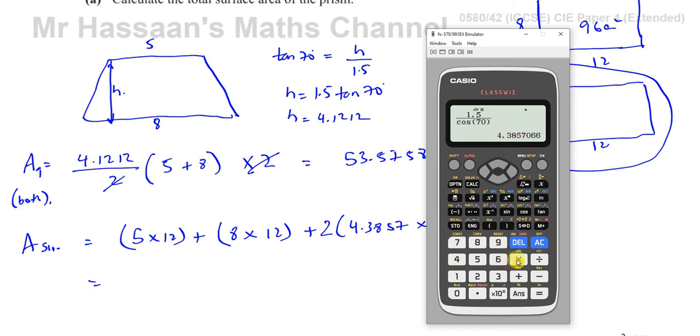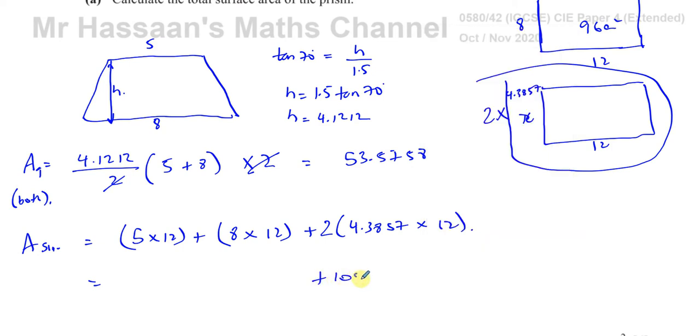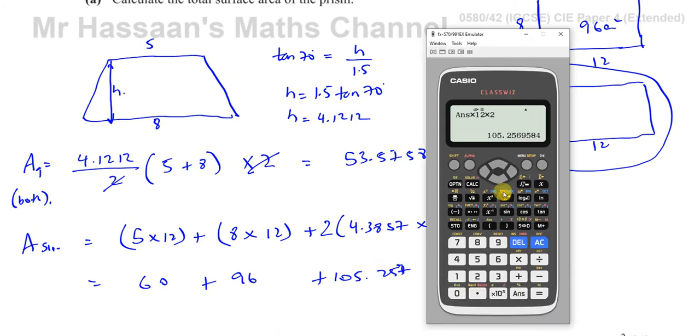So this times 12 times 2 gives us 105.257. Plus 96 plus 60, and that should give us our answer. This is the area of the sides, plus 96 plus 60. That gives us 261.257.